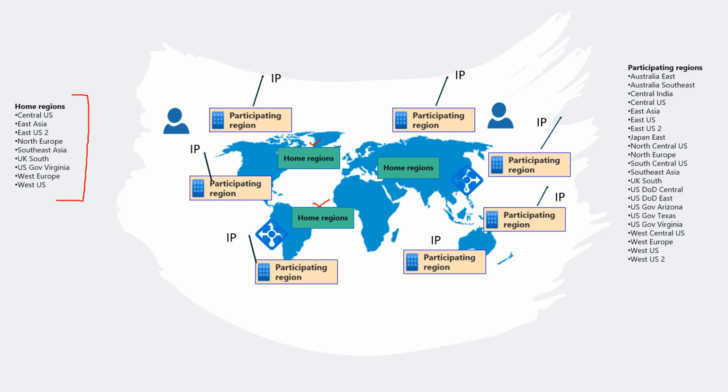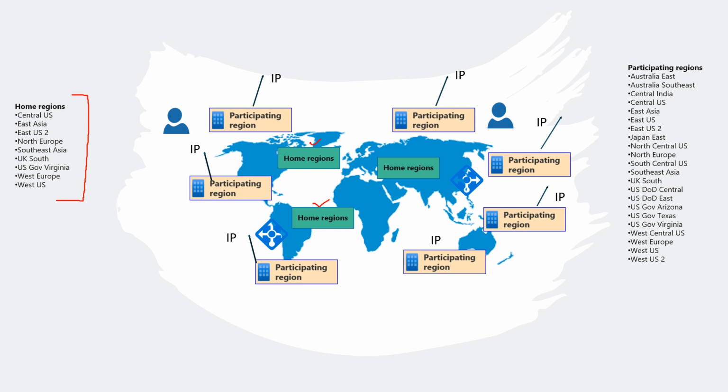And this region doesn't affect your traffic even if it goes down. So traffic flow is going to be unaffected. On top of that, you are going to have participating regions, and that is where you basically do the advertisement of your IP Anycast to the rest of the world.